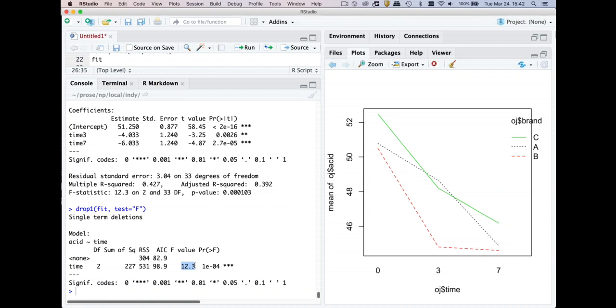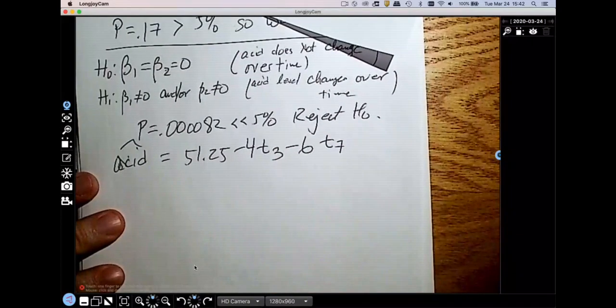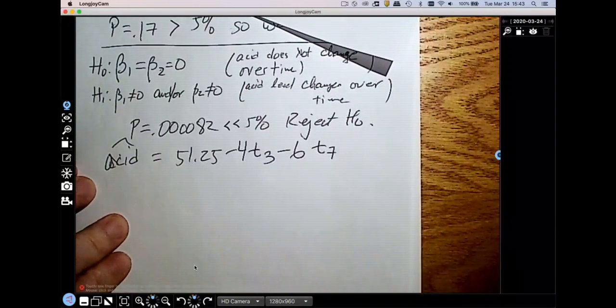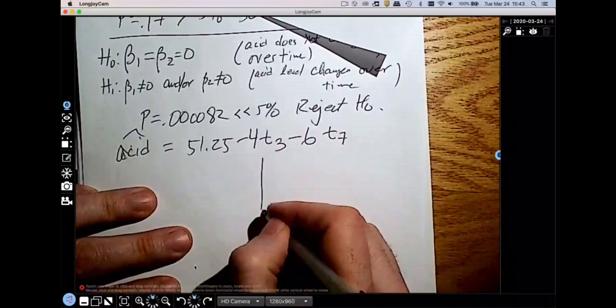And let's just write out the equation here. So acid is 51.25 minus 4 times T3 minus 6 times T7. So I just wrote that out here. Might be kind of useful to graph this thing.